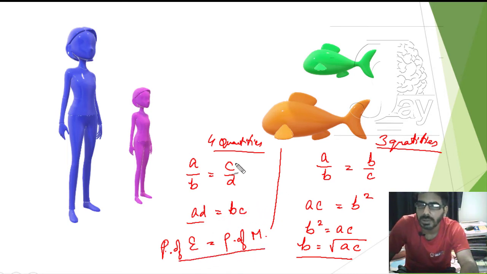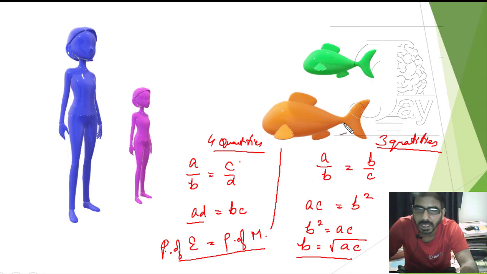Now again, if you have four quantities in any question, you may get one quantity unknown. Suppose C is unknown, you can easily find C when the rest of the three are given, or say B is not given and the rest of the three are given, so you can easily find any one unknown out of the four quantities. And here you can find any unknown if you have the other two quantities given.